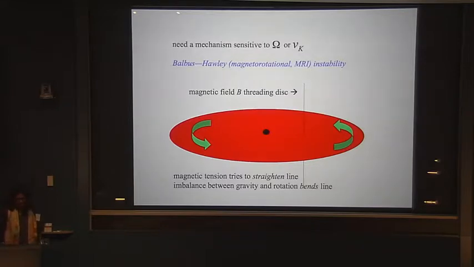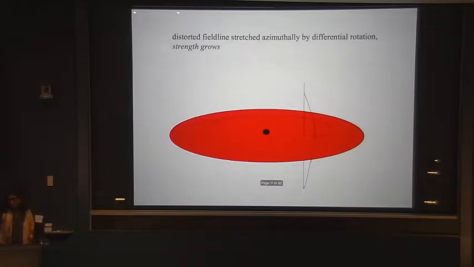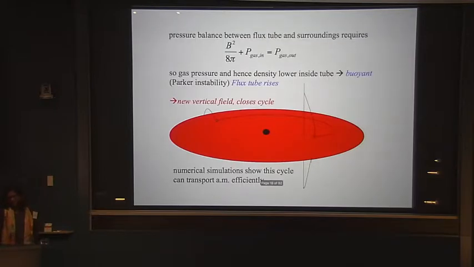and it's now been tested in these high-resolution simulations to show that this actually operates. The limit of when it stops operating is if the B field is too strong, then this instability can actually be suppressed. So, or it can be amplified or suppressed.